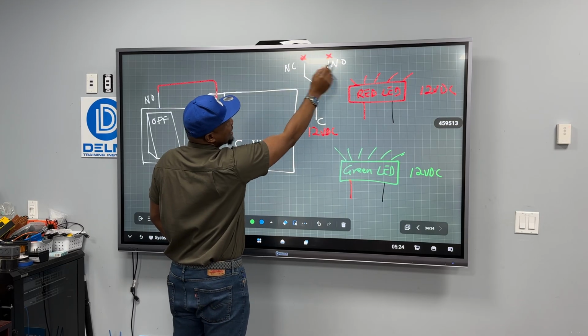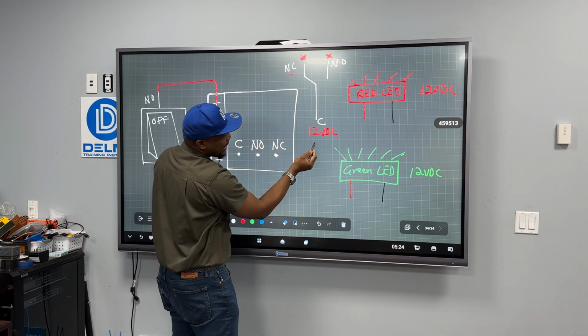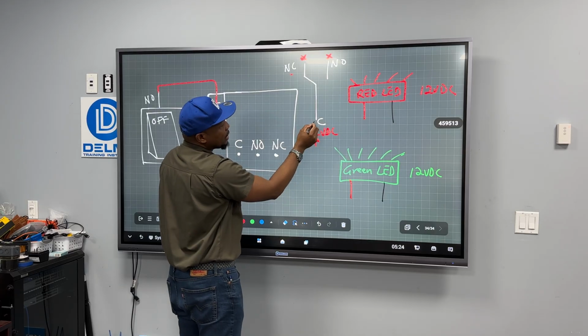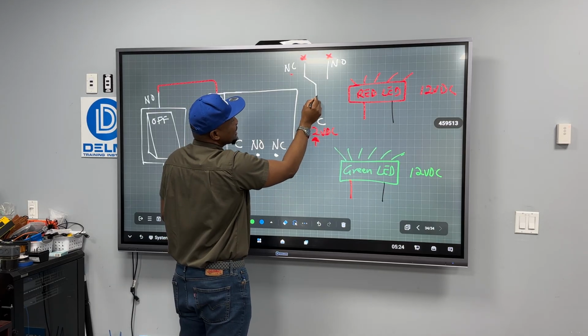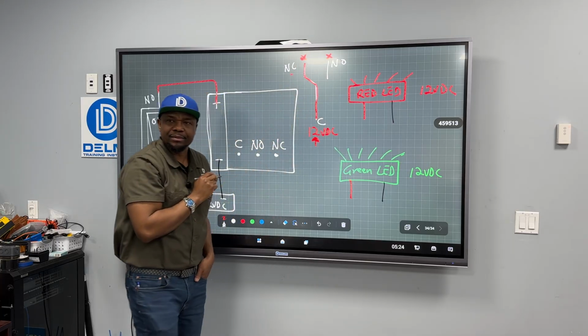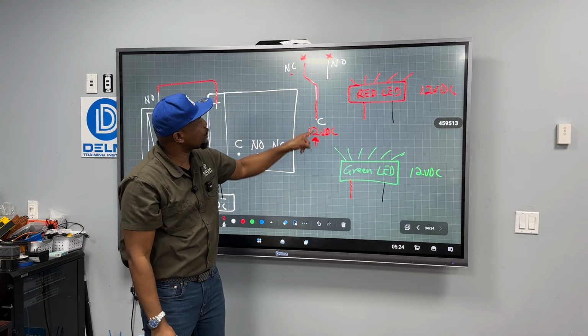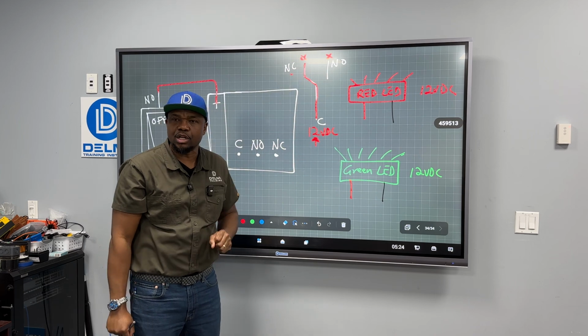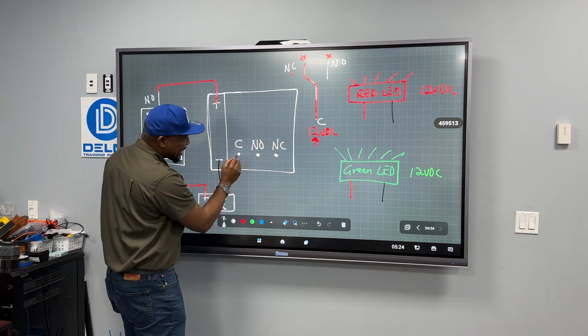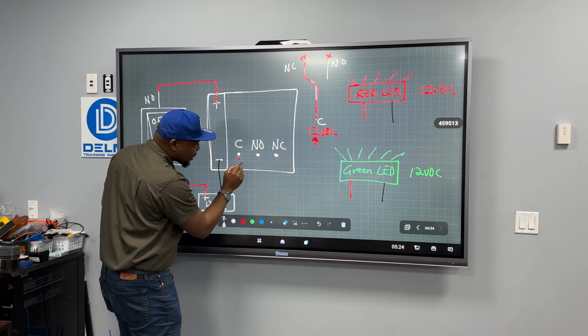So look at this, just in its default state. This is normally open, this is normally closed. If I brought 12 volts here, look at this one. This is connected to normally closed and not normally open. So this voltage that I'm introducing here, I'm going to see it at normally closed, because when you look at the relay inside it, this is connected like that.